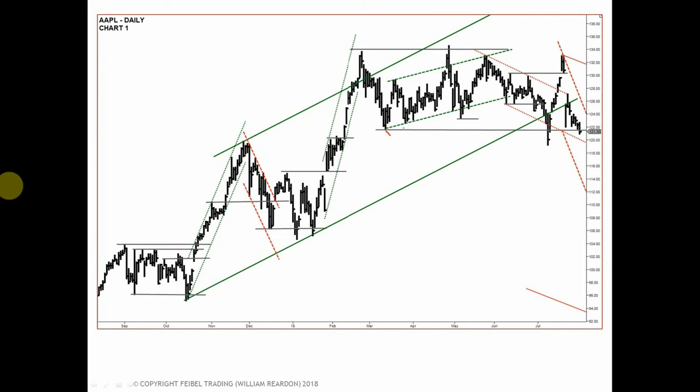So when we have 1, 2, 3, 4, 5, 6 touches, we can draw a trend channel. What do we note about this trend channel? Well, the angle of ascent. It's weak compared to the previous drives. Push up here, look at the angle of ascent. Push up here, the angle of ascent.